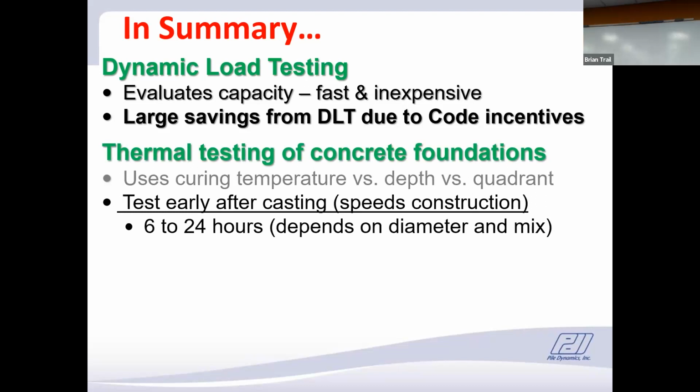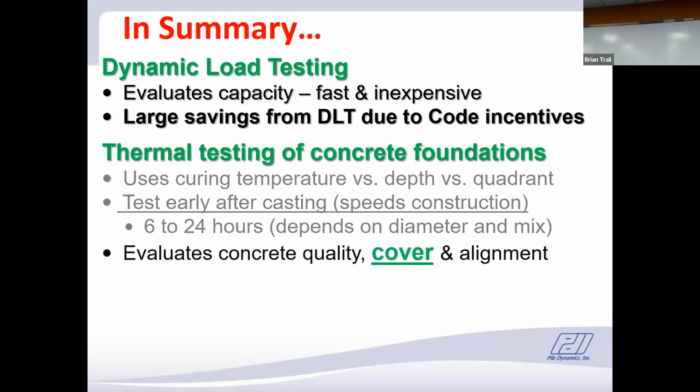in the pile. You're testing very early after casting the concrete, typically between 6 and 24 hours. You have your result, and heck, even during the casting of the concrete, you already saw the defect appearing. So we can evaluate the concrete quality throughout the entire section, including the concrete cover.